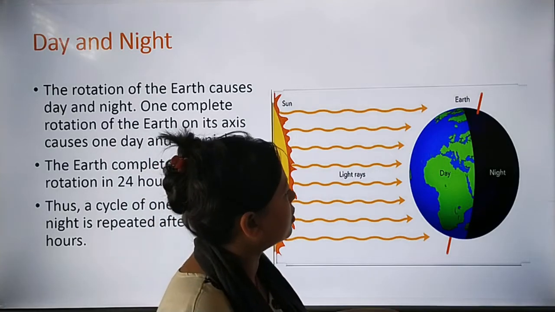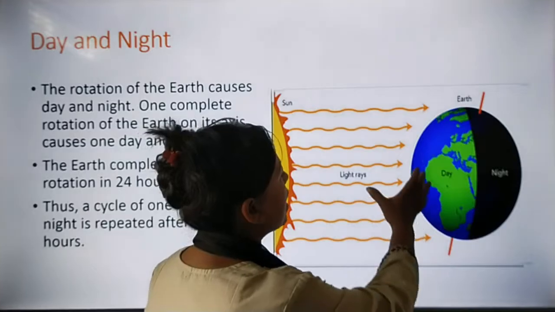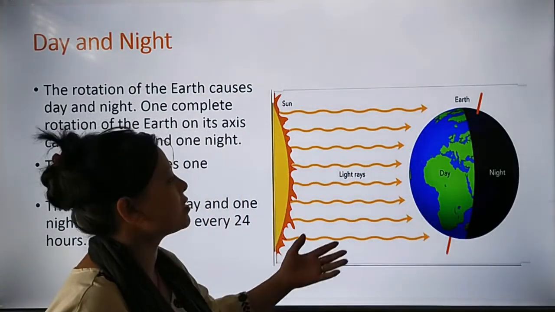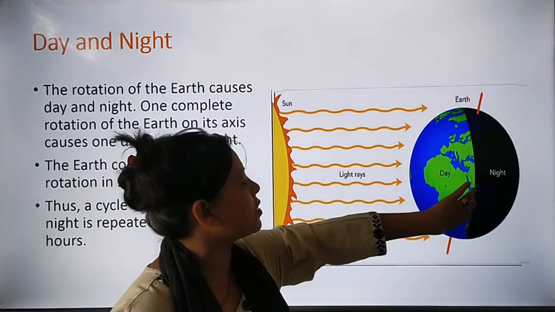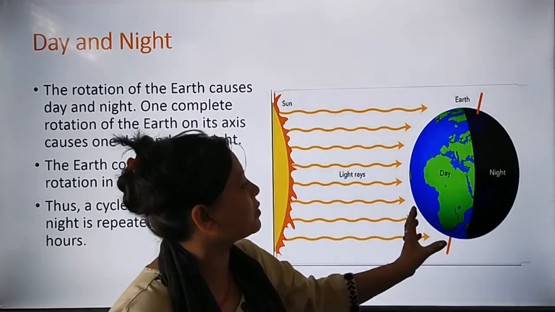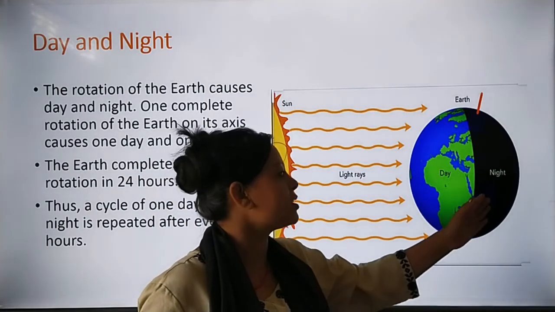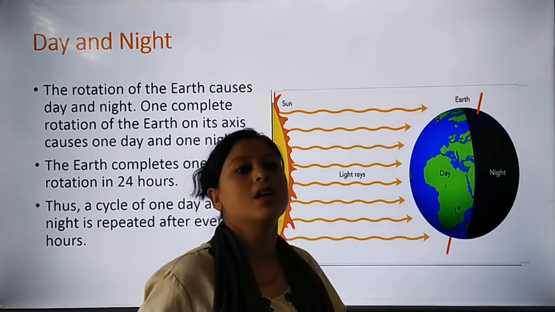You can see here day and night. The part of the earth that faces the sun is called daytime, and the opposite part of the earth, away from the sun, is called night.